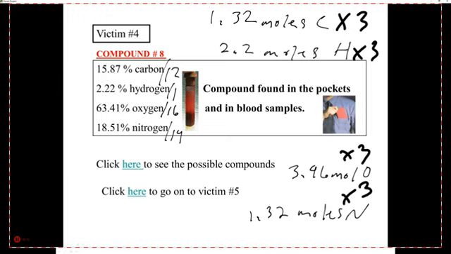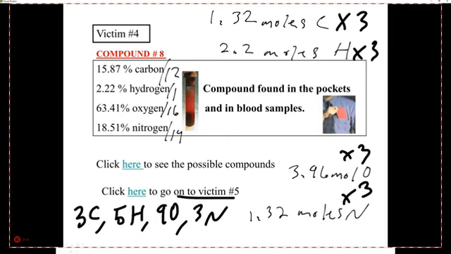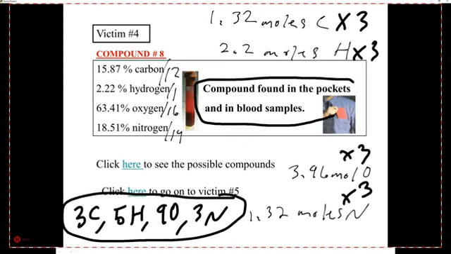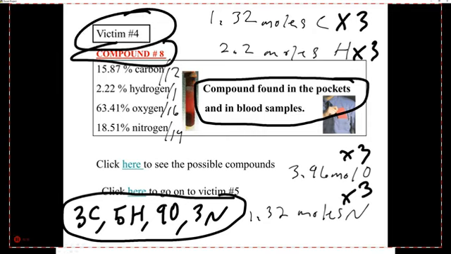So what you're going to get there is 3 carbons, 5 hydrogens, 9 oxygens, and 3 nitrogens. So that should tell you what the formula is. Again, this compound was found in the pockets and in the blood of victim number 4. This is compound number 8.